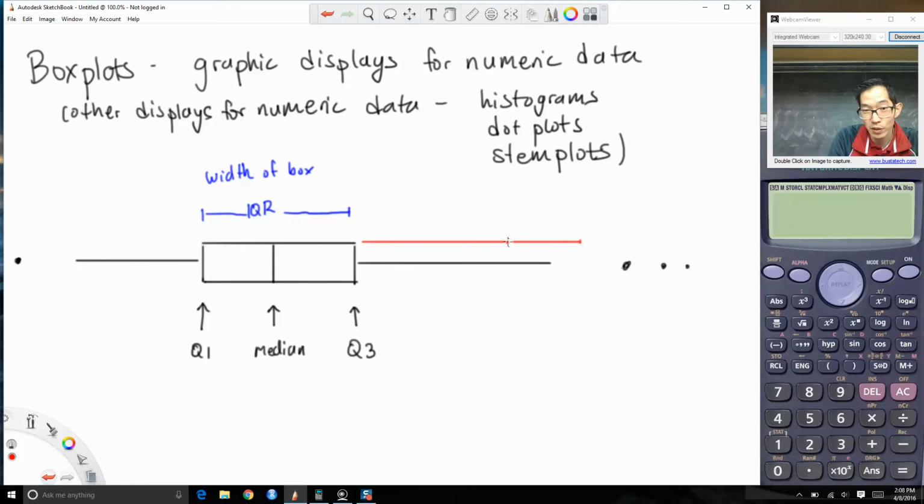This distance is 1.5 times the IQR, or basically 1.5 box widths. And this sets up an invisible line known as the upper fence.